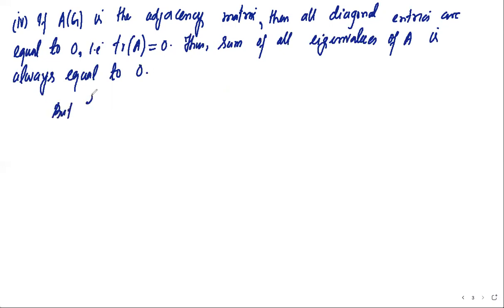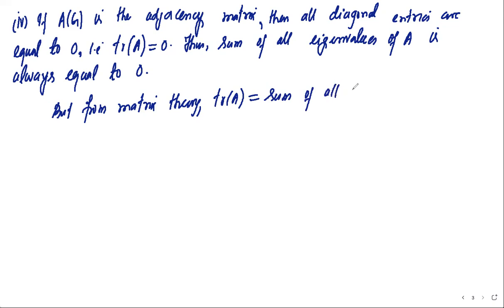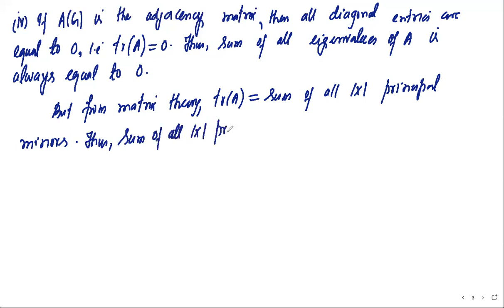So thus, the sum of all 1 cross 1 principal minors of the adjacency matrix of G is always equal to 0.